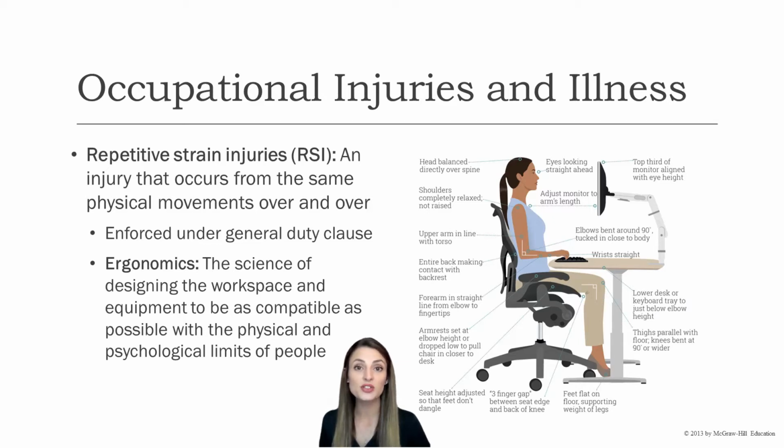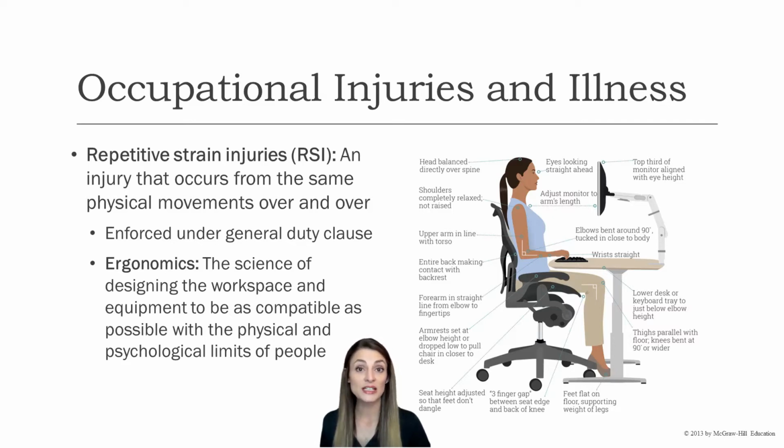Employers are supposed to do what they can to prevent and minimize this type of injury. Thankfully, there's a whole field dedicated to improving the design of the work environment so that it's more compatible with the human body, both physically and psychologically.